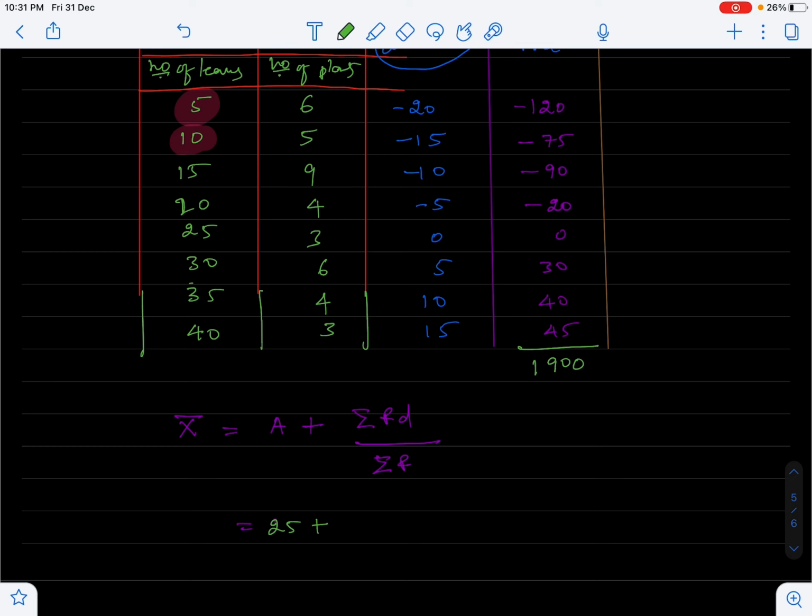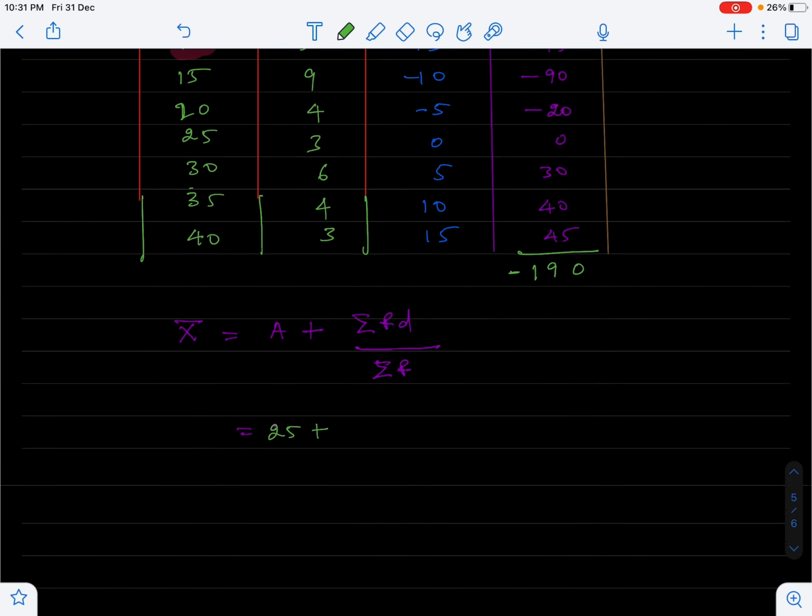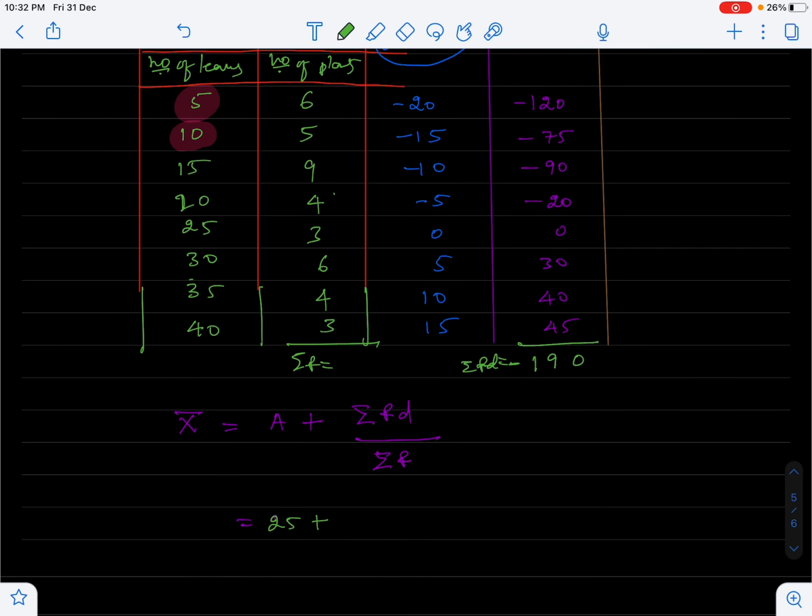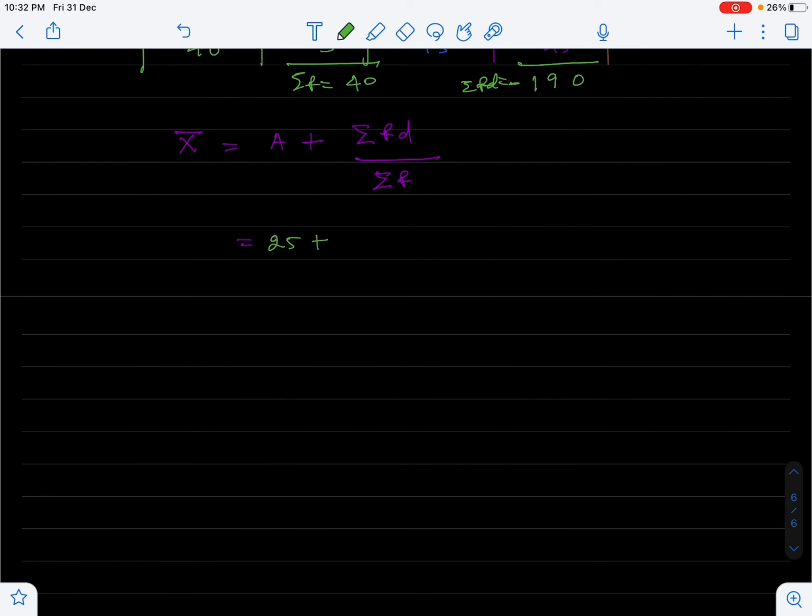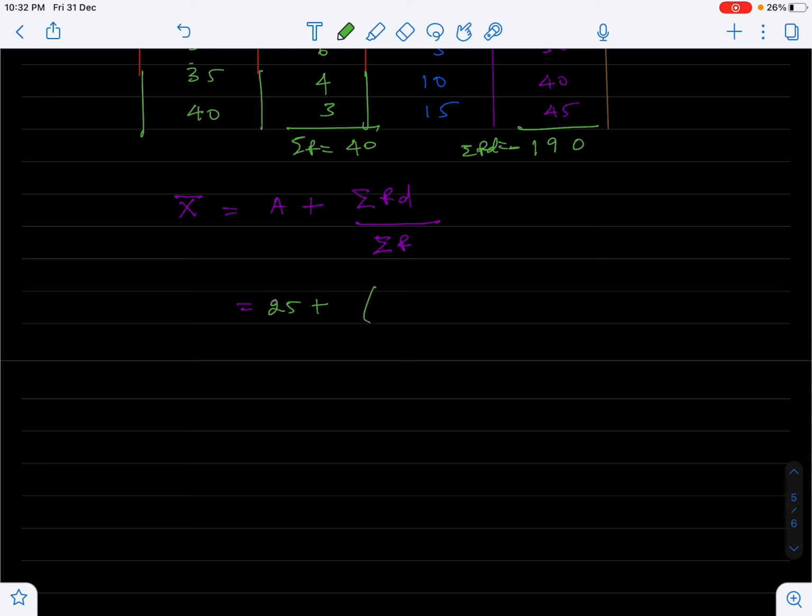It will be minus 190. Don't neglect the negative sign. Summation of f is 6 plus 5 plus 9 plus 4 and so on, which totals up to 40.